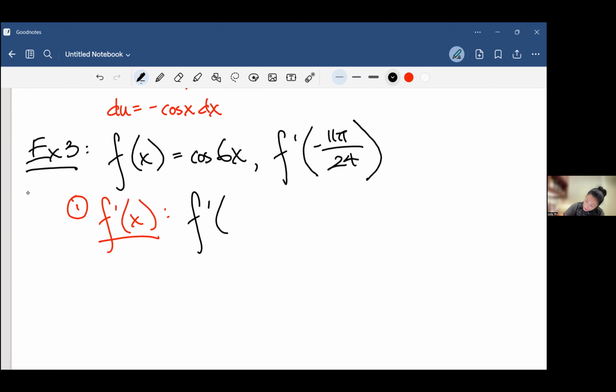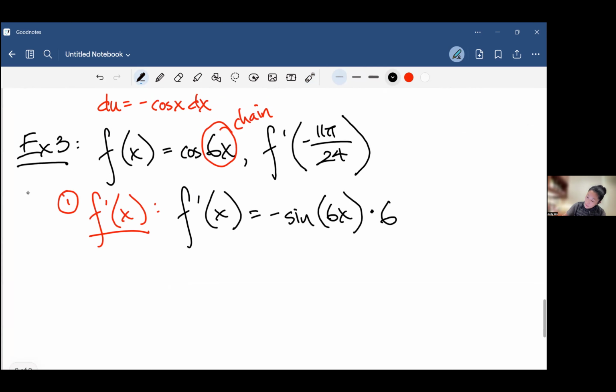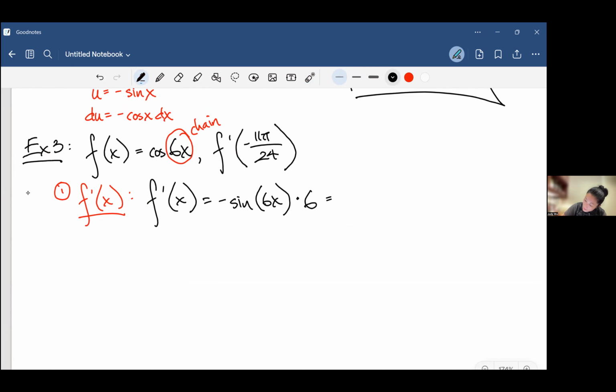So f prime of x equals, okay, derivative of cosine is negative sine of 6x, but because 6x is not just x, this means I need my good friend chain rule. So I need to multiply by the derivative of 6x, which is just 6, and it probably would be really nice to clean this up as negative 6 sine of 6x.